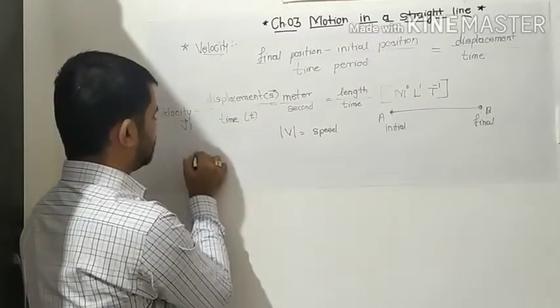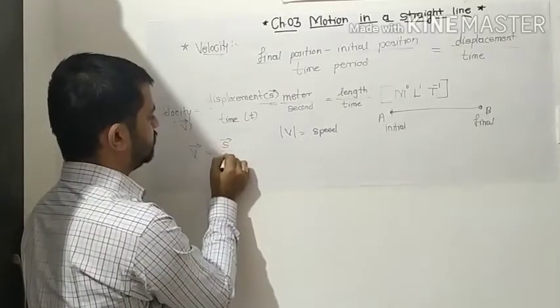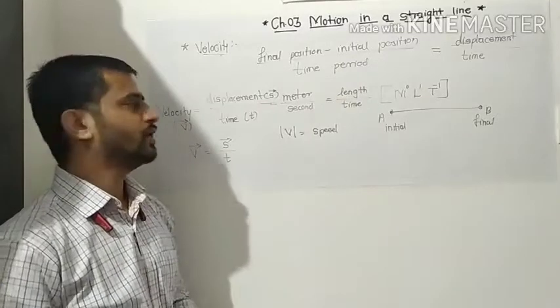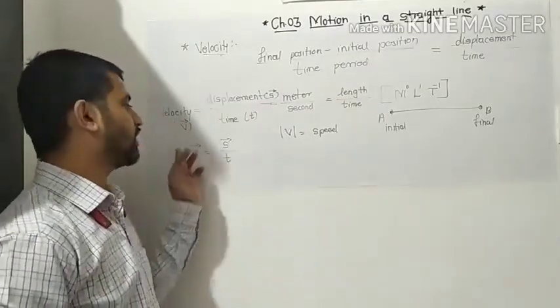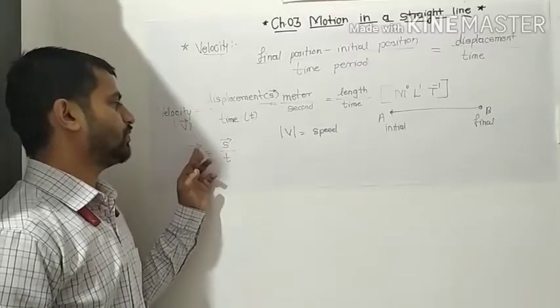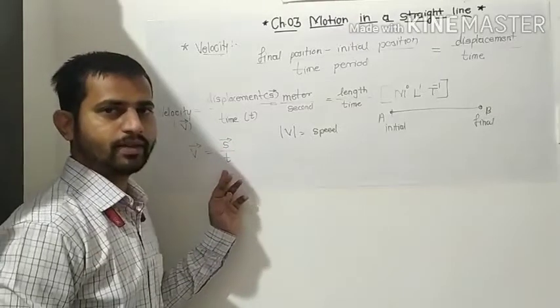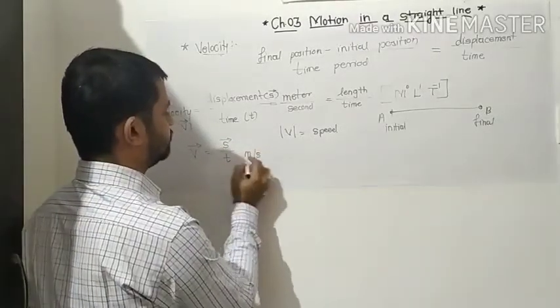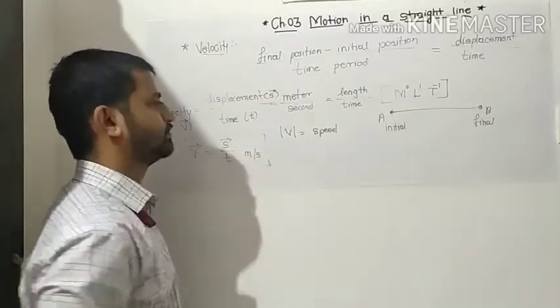So velocity is given as the displacement upon time, but time is a scalar quantity. So we can represent the velocity in terms of vector like v vector equals s vector upon t. And what is the unit here? Meter per second. Okay, the unit is meter per second.